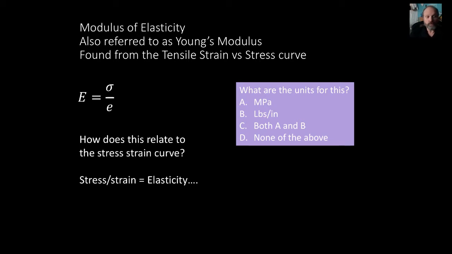The slope of that straight line is called the Young's modulus, also known as the modulus of elasticity. Young's modulus is defined as the slope of that curve, so that would be the stress divided by the strain.